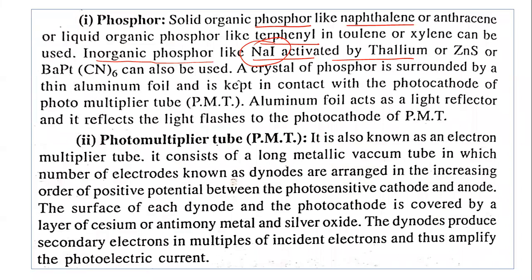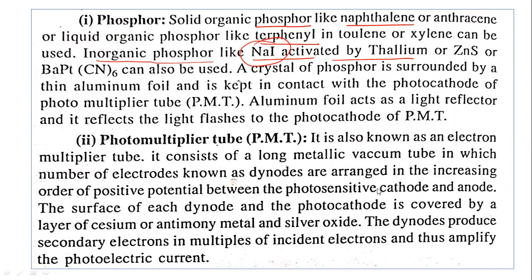Cesium and antimony are very active metals, or a material like silver oxide. The dynode produces secondary electrons in multiples of the incident electrons, and the function of the photomultiplier tube is that it amplifies the current.